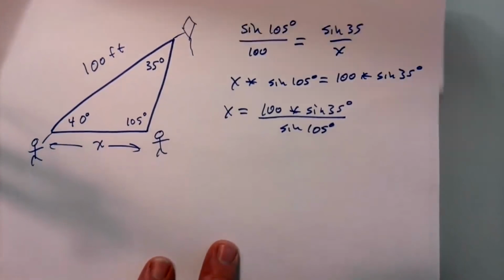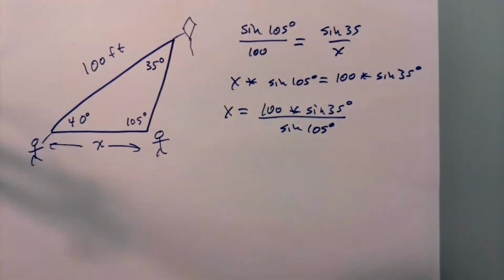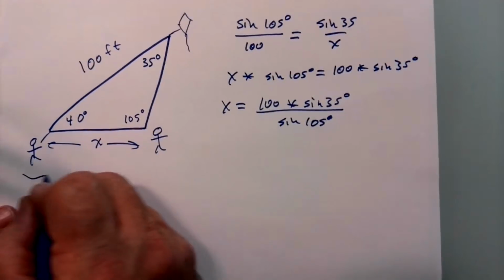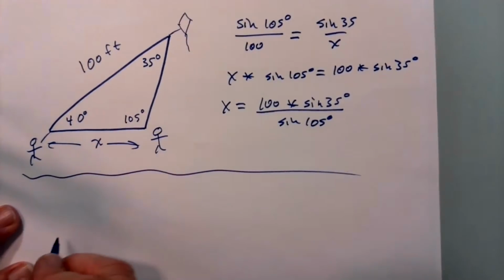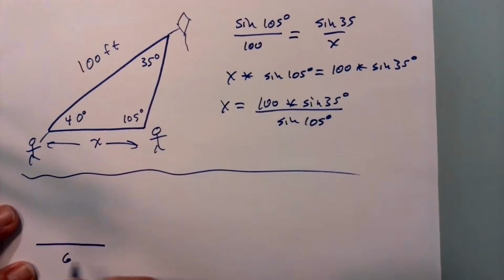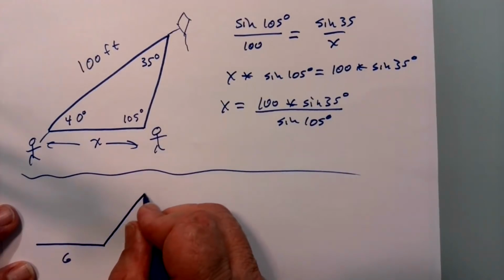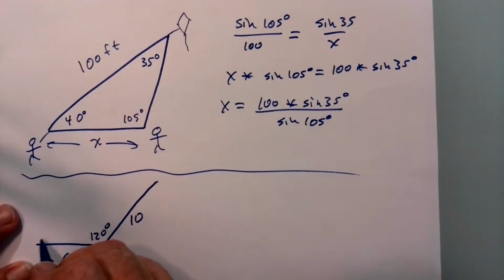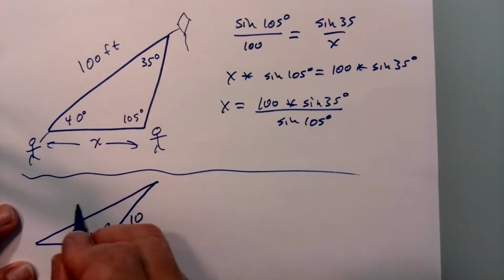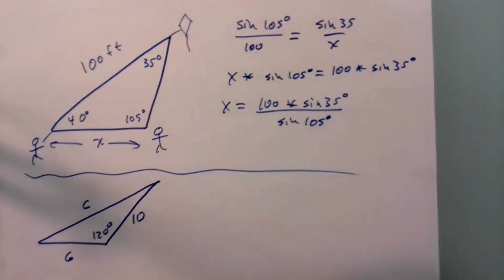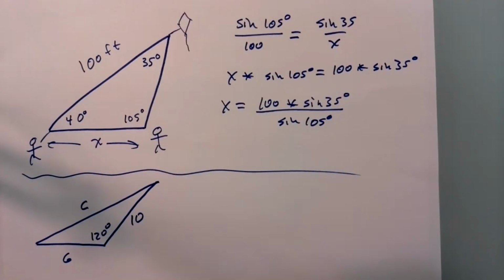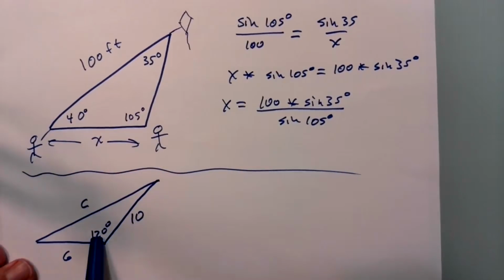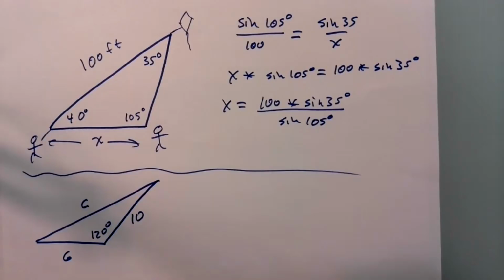Let's take a look at another question, another triangle one. So we'll make this 6, we'll make this 10, and we'll make this 120 degrees. Let's call that C. When you have an SAS triangle, side included angle side, you need to use law of cosines.